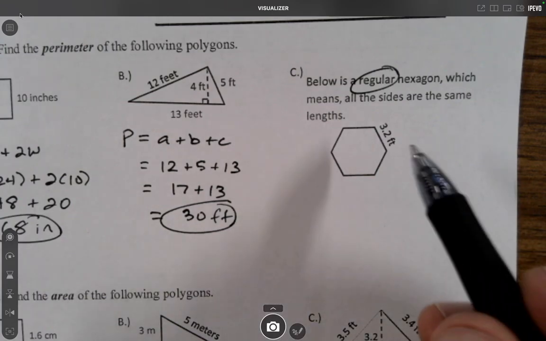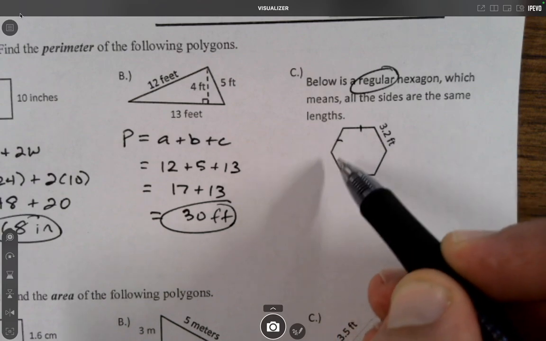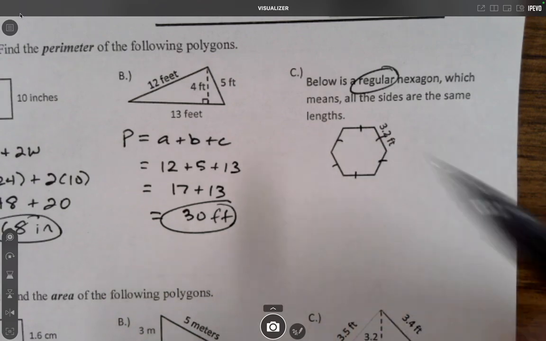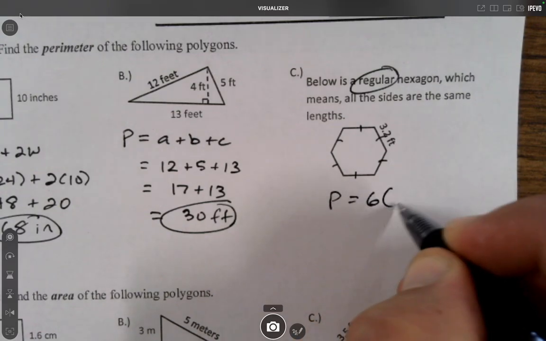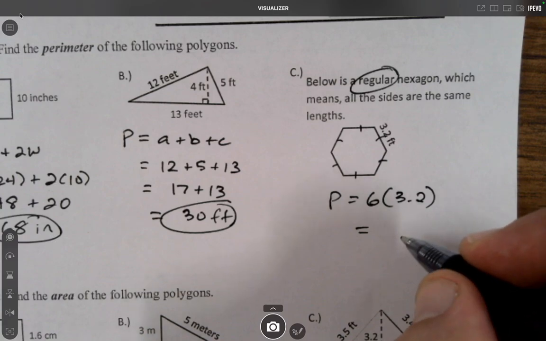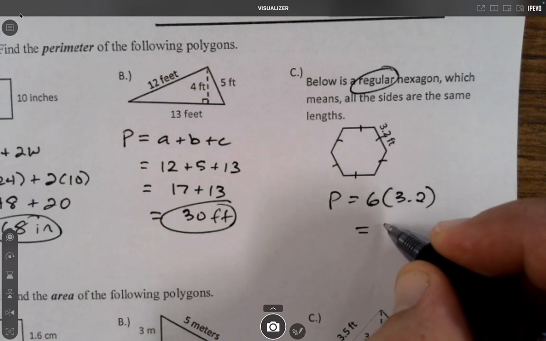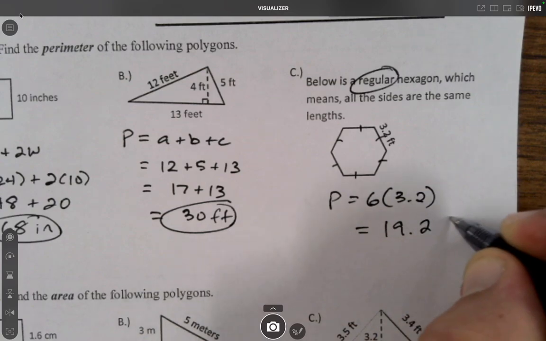So it'd be easier to just count, or you might know because the name hexagon. This has 1, 2, 3, 4, 5, 6 sides. And since they're all equal, I can just do 6 times 3.2 and get a perimeter of 19.2 feet.